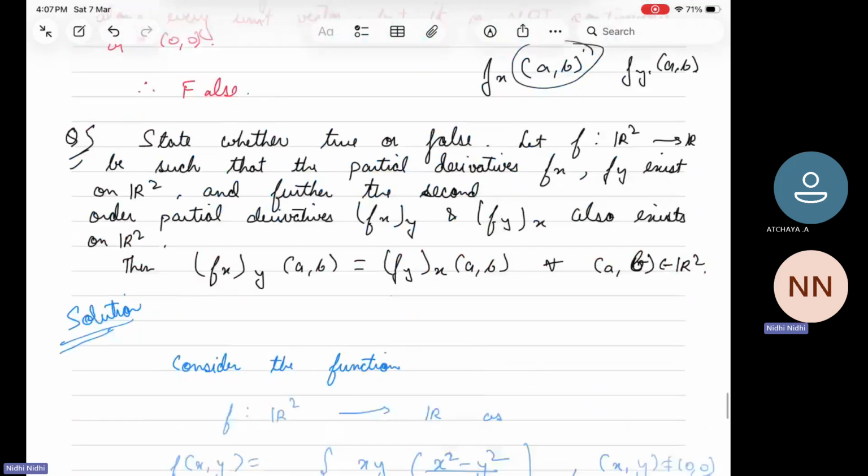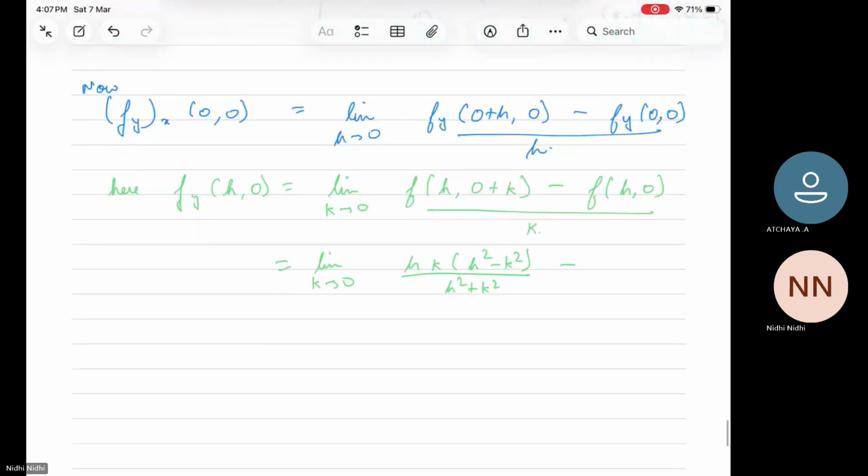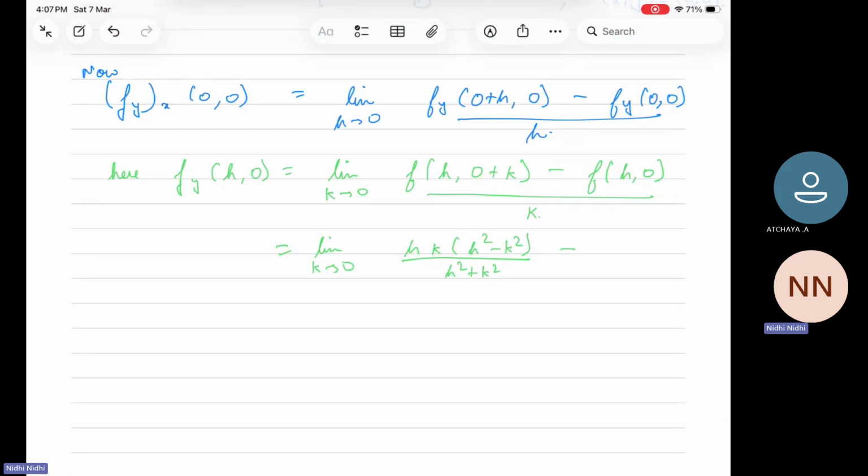Okay, so we were evaluating the value of fy at (h, 0). This is the limit k tending to 0 of (f(h, k) minus f(h, 0), which will be 0) upon k.